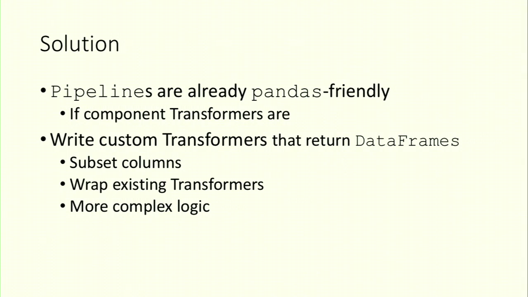There are a few different reasons we might want to write custom transformers. Maybe we just want to pull out the columns that we want to work with, wrap existing transformers to reapply those labels, or some more complex logic. Say the transformer you want really is not implemented. Well, you can go implement it yourself.